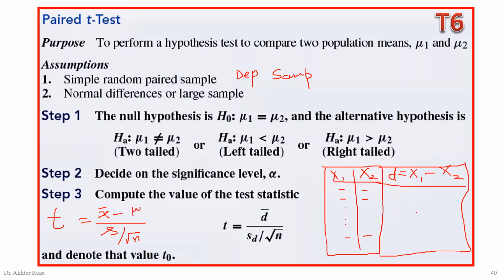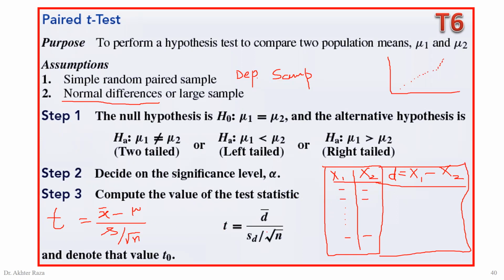One is the mean of variable D, the other is the standard deviation of variable D, and we assume normal differences. Normal differences means what? If we plot these differences on a probability plot, the plot will be linear. If the differences are linear in nature, we can say that the two populations are also normal. The assumptions will be fulfilled.